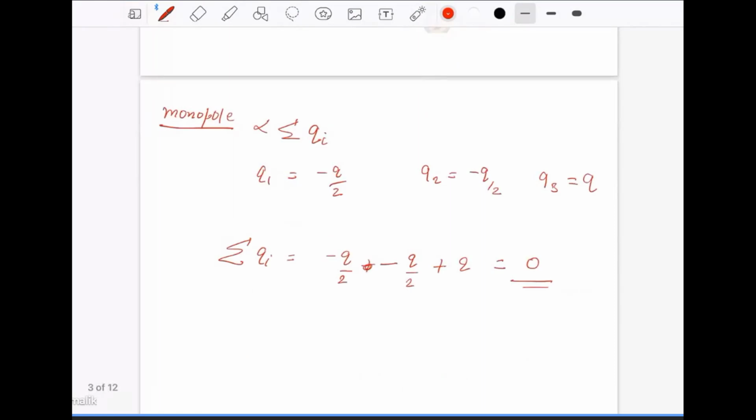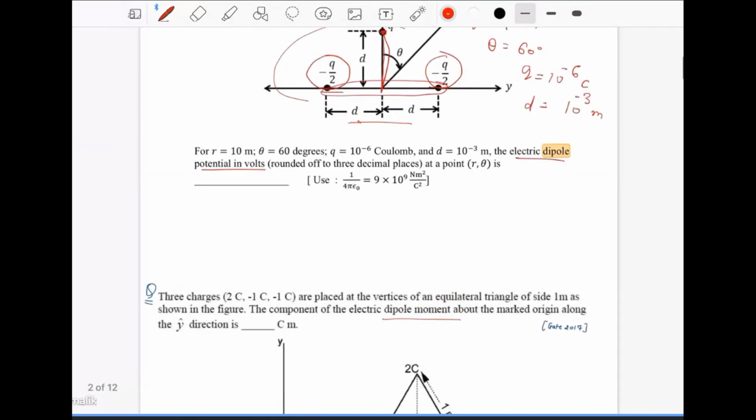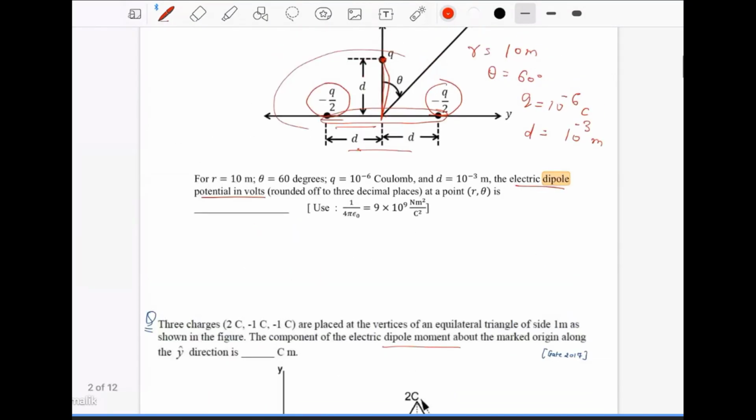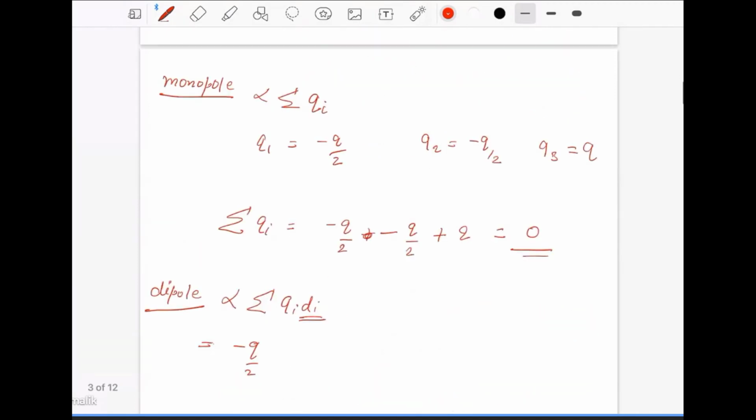So we will check whether it is the case of dipole or not. To check if it is a dipole, the moment is proportional to the sum of qi di, so we have to calculate the distances as well. Our charge minus q by 2 is placed at a distance d in the negative y direction.